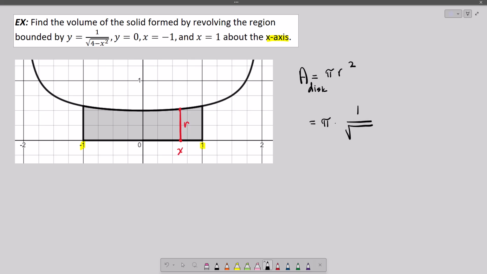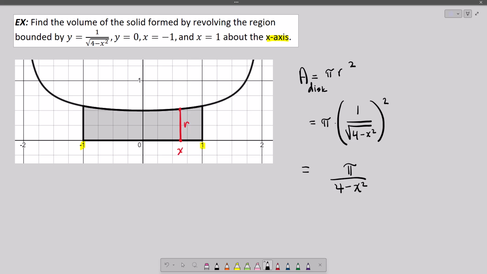So the function squared is going to give us something pretty straightforward. Look at that. So that's the area of the disk at x. If you plug in 0, you're going to get the area right there. Plug in 1, you're going to get the area over there.